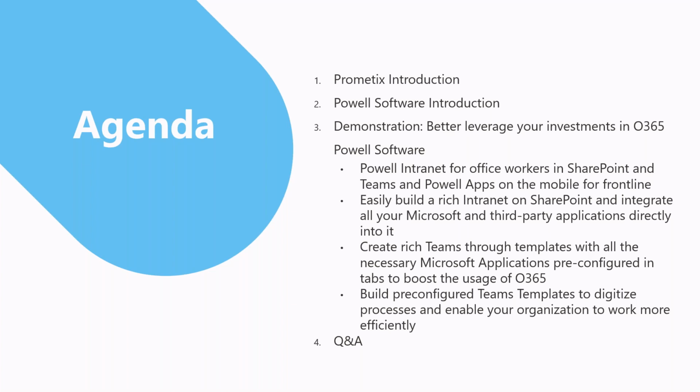Pierre would then go through some demos and use cases to explain how that would help you enrich your user adoption, and some of the key features that can help you deliver outcomes. We would touch base on two softwares, which is the SharePoint based Power add-on and also the Microsoft Teams based add-on. At the end of that, we'll run through some Q&A questions just to go through your queries and how this would help your organization.